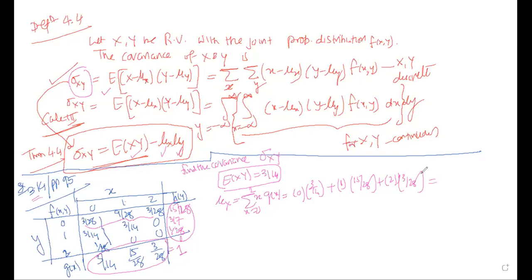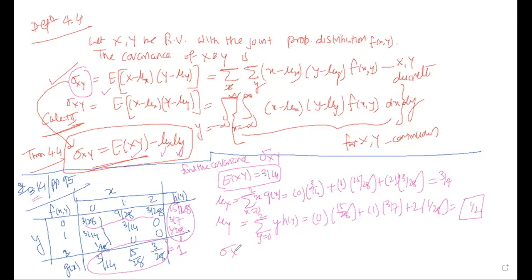If you count this one, you're going to get 3 by 4. And nu of y is equal to summation of y into h of y, and y runs from 0, 1 and 2 again. So that is 0 times 15 by 28 plus 1 times 3 by 7 plus 2 times 1 by 28. If you count this using the calculator, you're going to get 1 by 2.